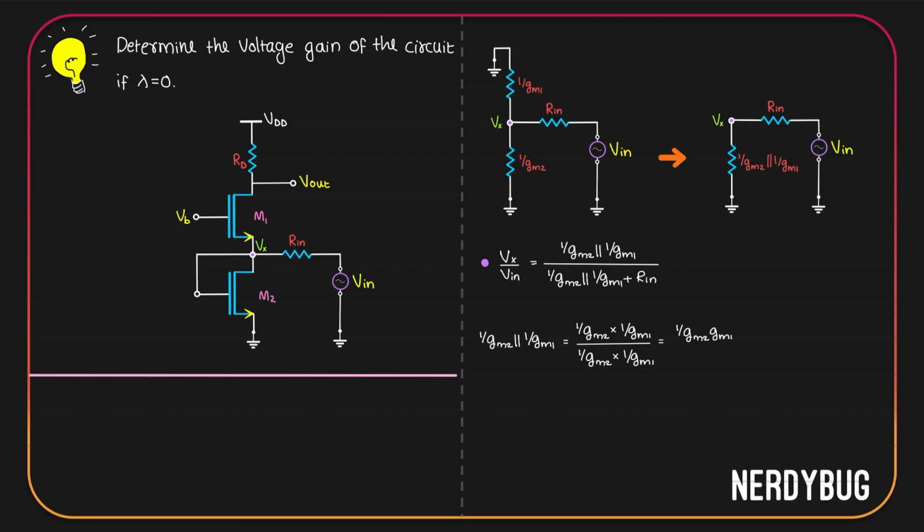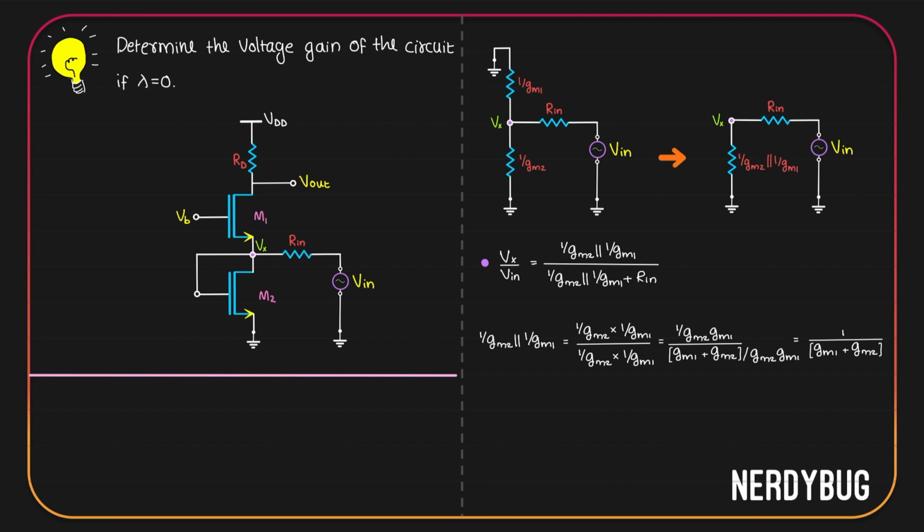Or we can write 1/gm2 multiplied by gm1 divided by gm2 plus gm1 divided by gm2 gm1. Now this and this can be cancelled. So this becomes 1 by gm1 plus gm2.